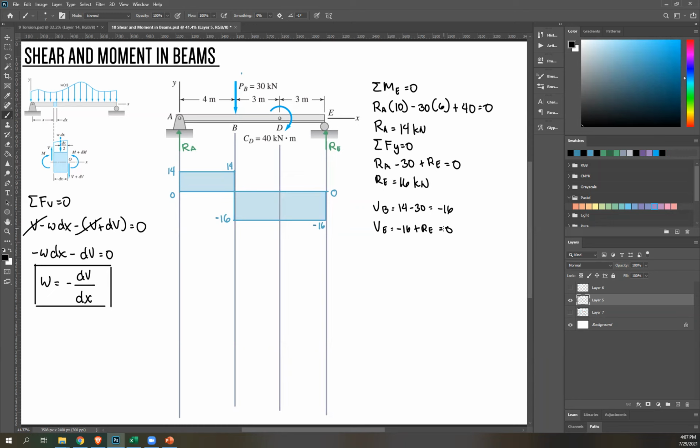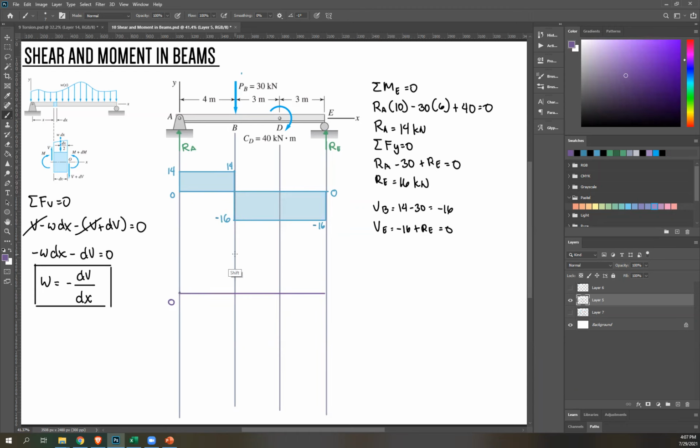Okay? Now let's go to moment. So we're going to start at 0 again. There's no applied couple here, so that's just 0. Next, your area is above the 0 mark, so your slope here will be upward. And then it's one degree higher than this, so that's just a straight line.